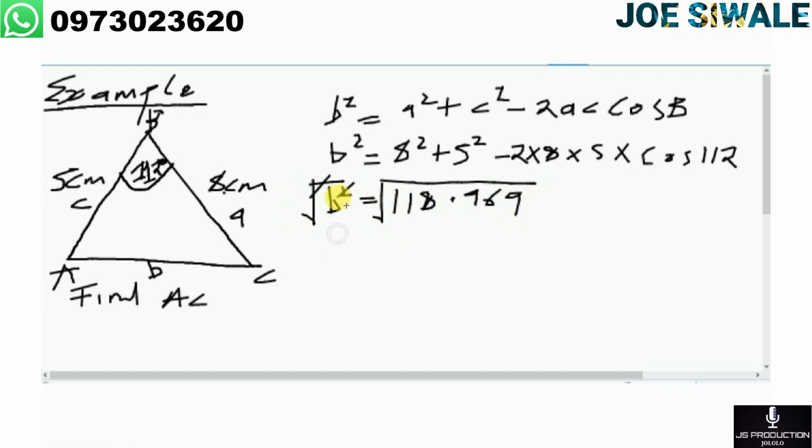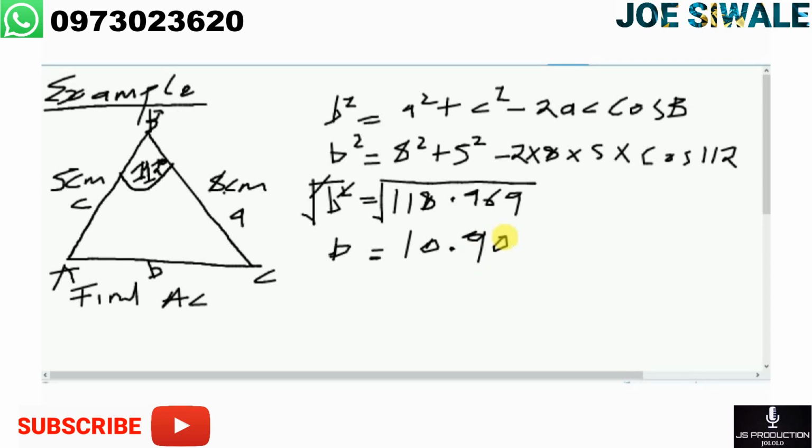So my b is equal to the square root of 118.969. I'm having 10.907.